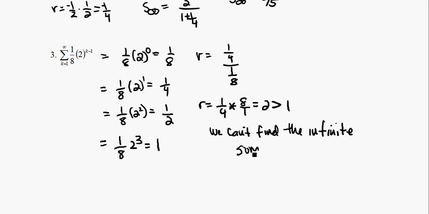And if you think about it, if we were to have an infinite number of terms where we're doubling each one of our values as we go along, not only would the last value in our sum be really huge, because this would be 2 to the infinite power, if I tried to add up all the values before that, it's going to get even larger. So since the common ratio is bigger than 1, you can't find the sum, because each term just gets bigger and bigger and bigger, and the sum grows without bound.